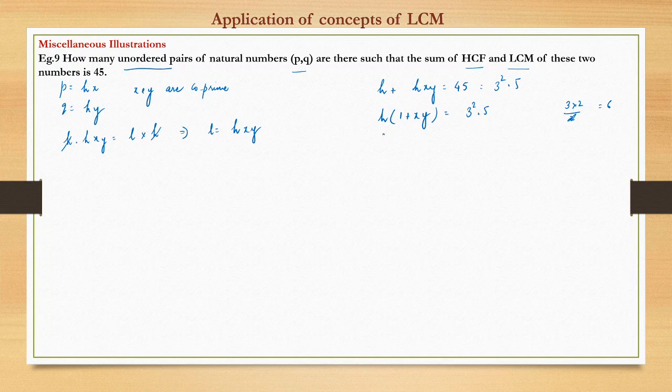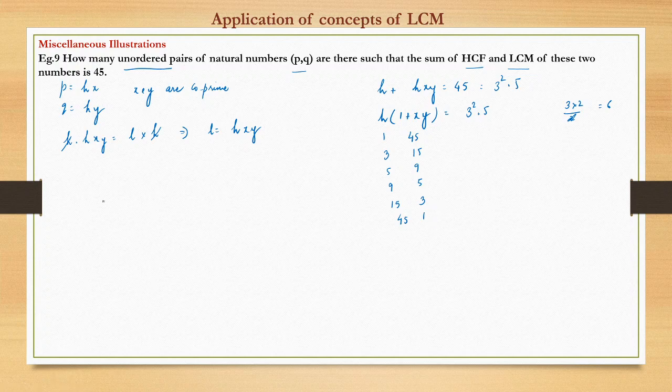H can take a value of 1, so 1 plus xy will take a value of 45. H can take a value of 3, so this will then take 15. Similarly, this will take 5, 9, 9, 5, then 15, 3, 45, 1. So these are the 6 cases, right?